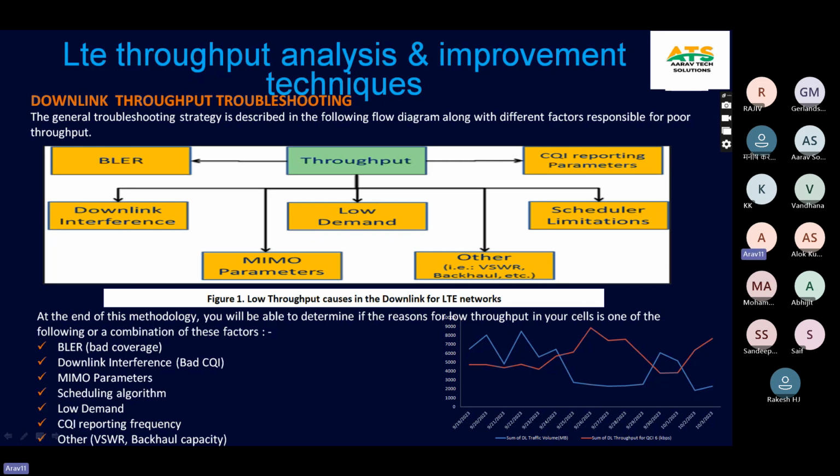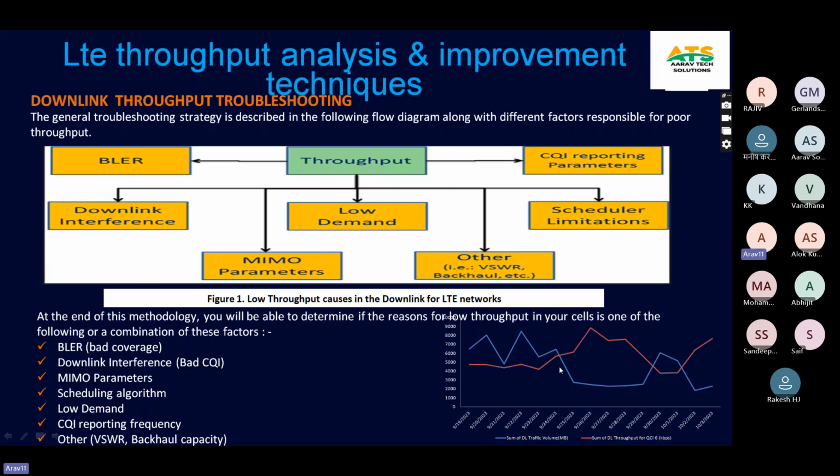Here is a graph: sum of downlink traffic volume and sum of downlink throughput for QCI. The blue line is your traffic volume, and the red line is your throughput. You can see from this chart that once you have high traffic, your throughput is low.